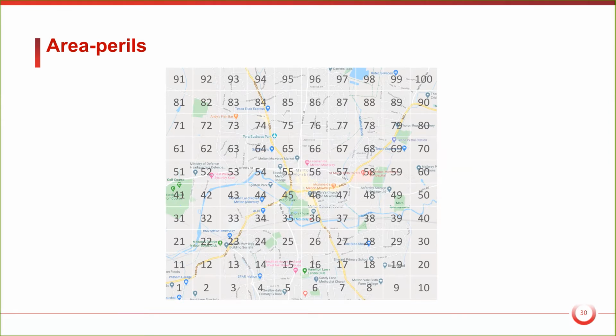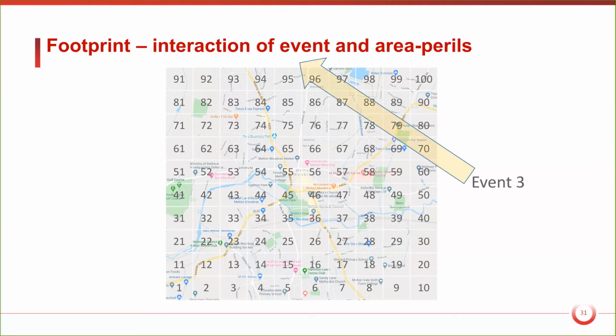We've got equal size grids here. They could be variable resolution grids. They could be postcodes. They could be administrative districts, whatever is most appropriate for the model. But for simplicity in PyWind, we just have an equal grid like this. But in Oasis terms, it's important just to remember that they are just integer IDs representing some kind of area.